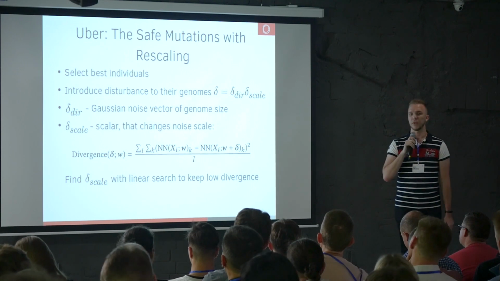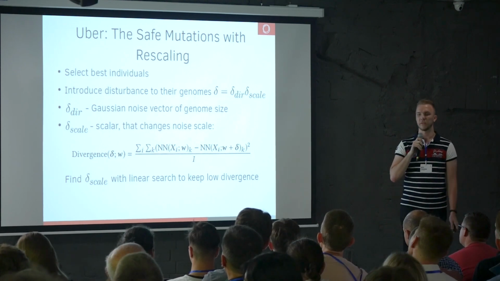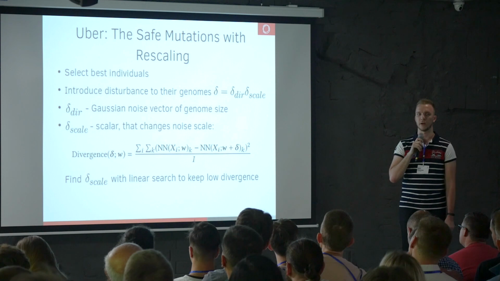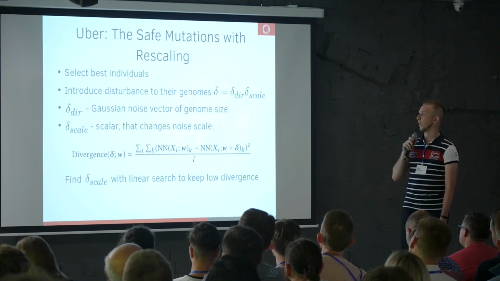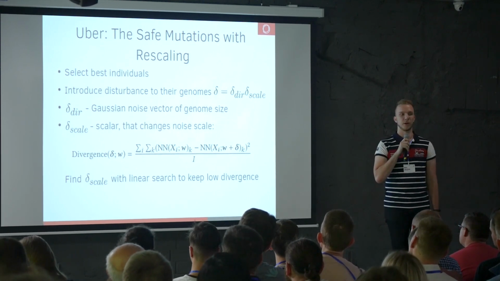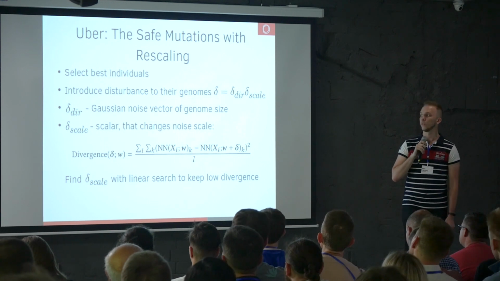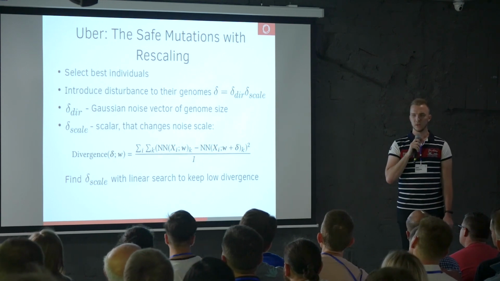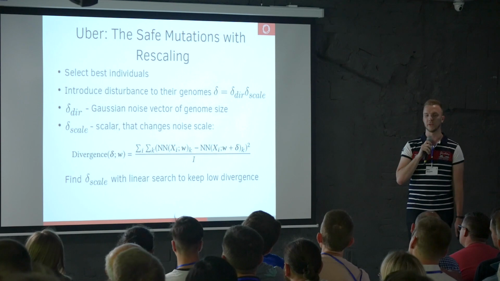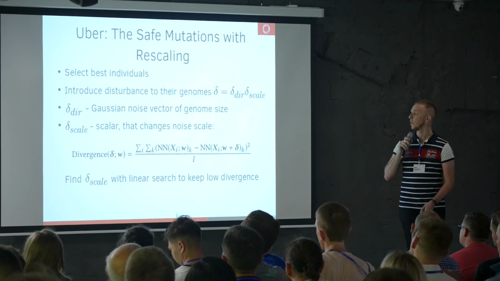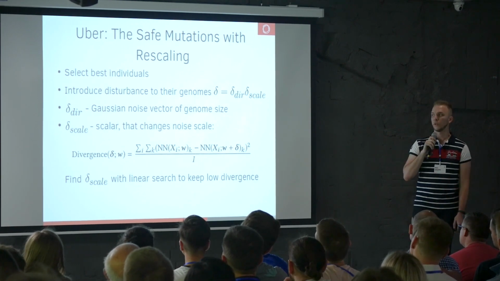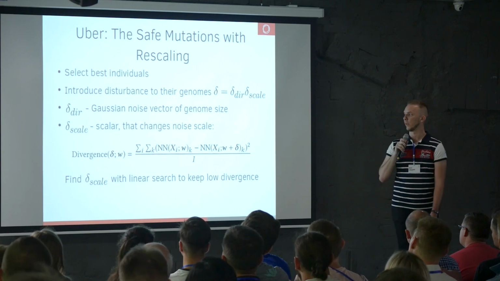So we select the best individuals, our policies that are parameterized somehow, these are neural networks, and we introduce some Gaussian disturbance to their genomes. For every gene, or every weight in the neural network, there will be a new delta that is considered as delta direction and delta scale.